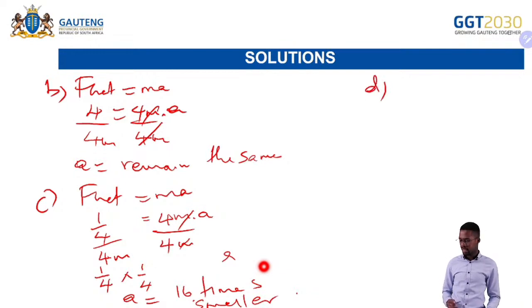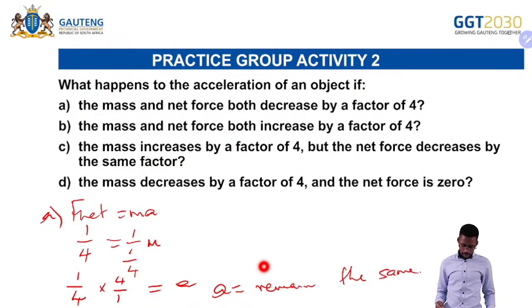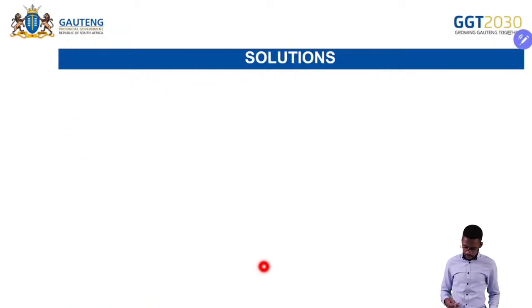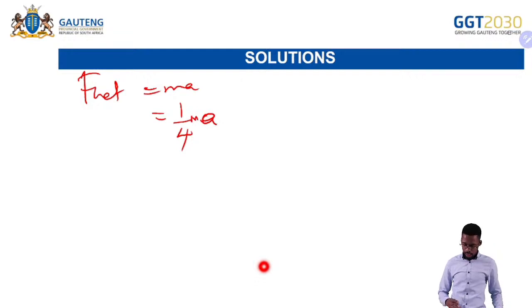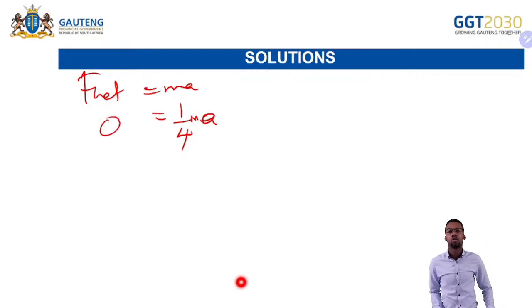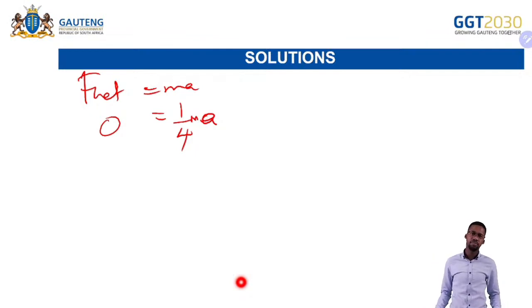Then let's look at D. For D as well, what will happen if the mass decreased by 4? F net is equal to ma. The mass decreased by 4, and then the net force becomes 0. So what will happen to acceleration?